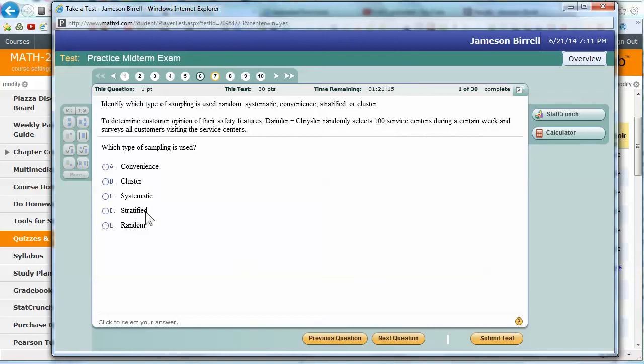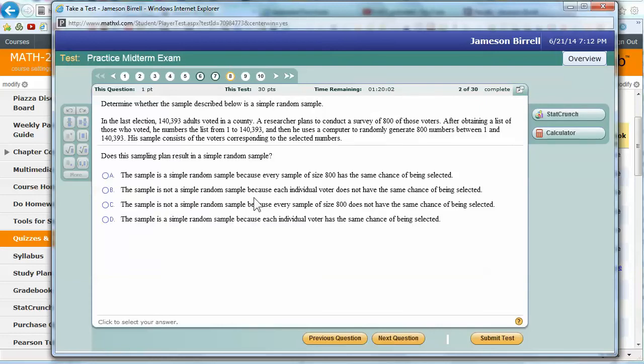Now we got to read carefully. The key word here I think that they're trying to get us to focus on is all. Because when you're doing clustering, you break up your group by some sort of classifications, and then you take everything in one of those groups, one of those clusters. So I'm going to go with cluster here. Next.